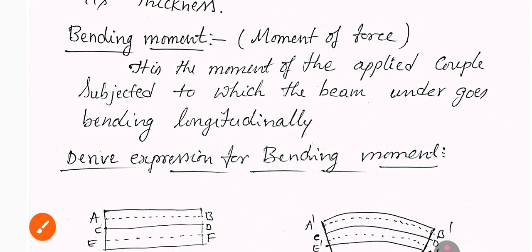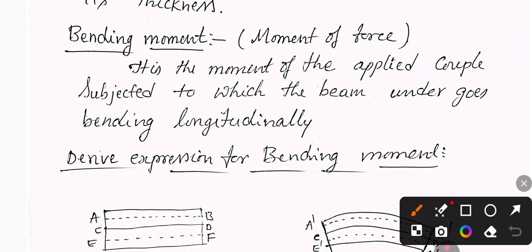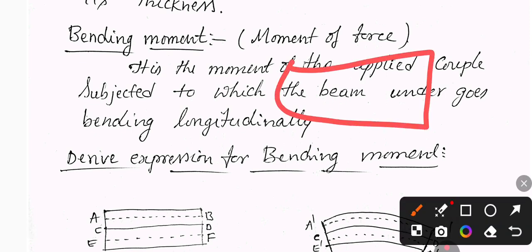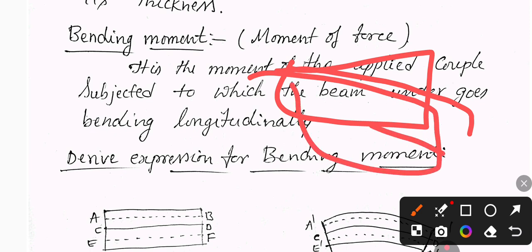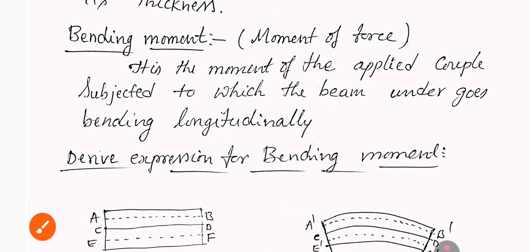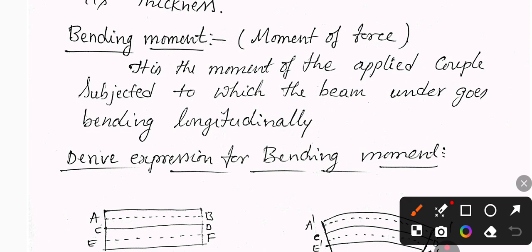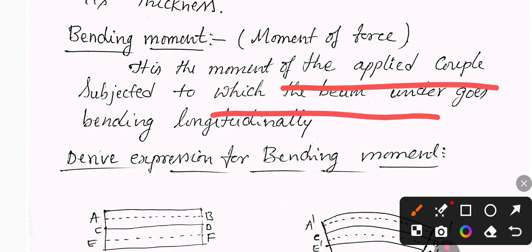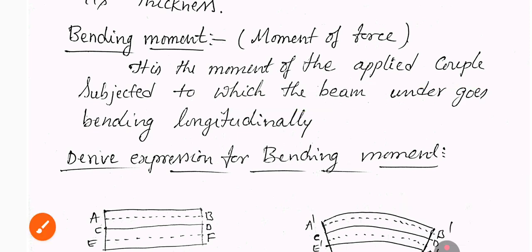It bends like this, so there is elongation in the bending. That is called bending moment. It is the applied couple subject to which the beam undergoes bending longitudinally. This is called bending moment. So let's derive an expression for this bending moment.